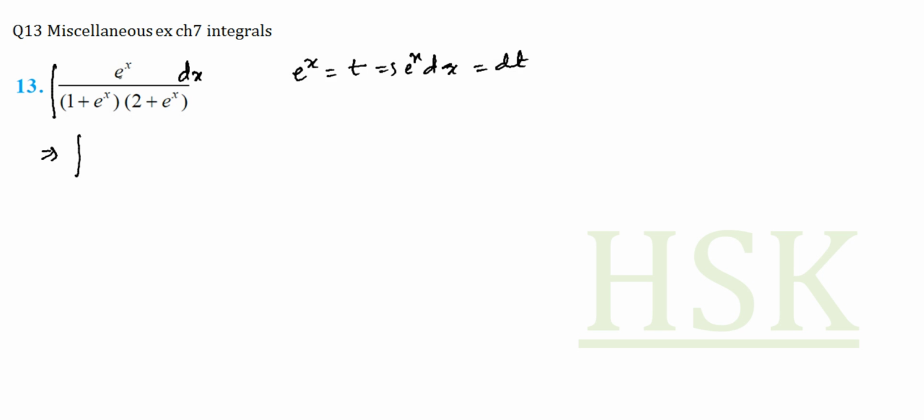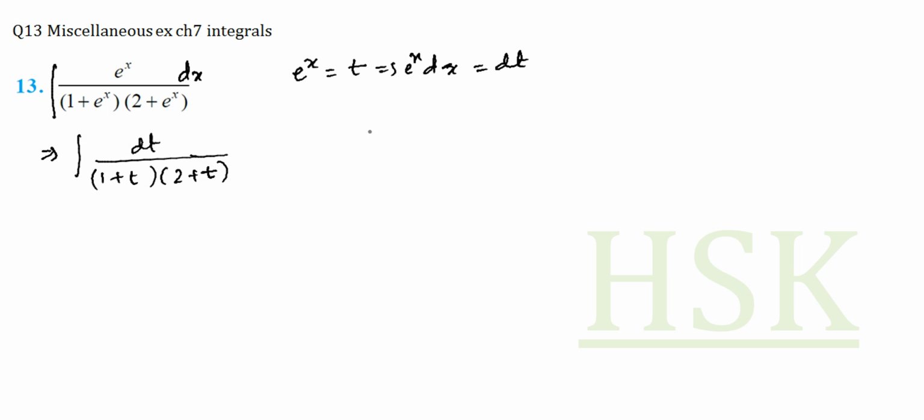So this becomes 1 plus t into 2 plus t. On substitution, the integral has become dt upon 1 plus t into 2 plus t.